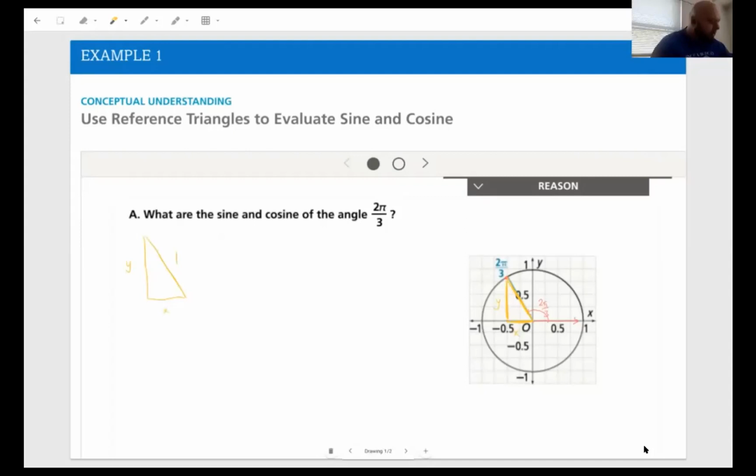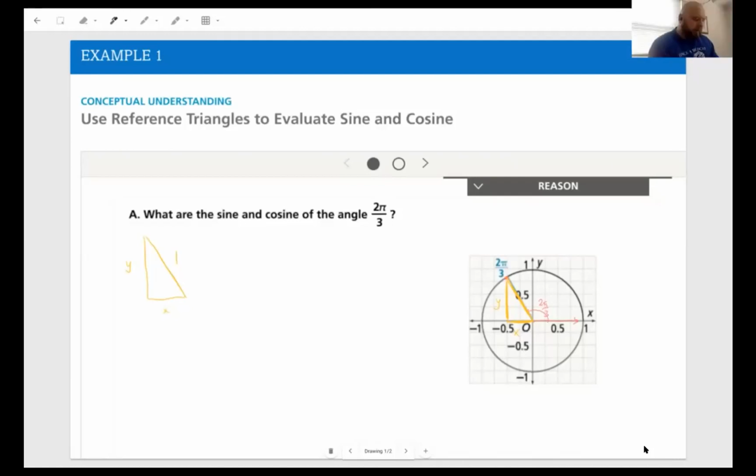And if you think about a straight line in terms of radians, that means we're using pi, then hopefully you remember that starting here, we're at 0. Up here, we're at pi over 2. Over here, we're at pi. Down here, we're at 3 pi over 2. And then back to the starting point, we're at 2 pi.